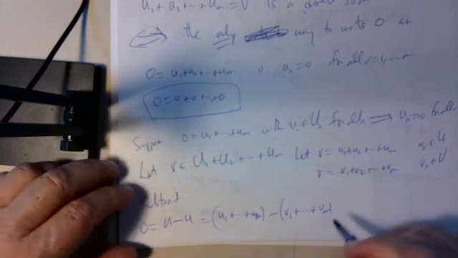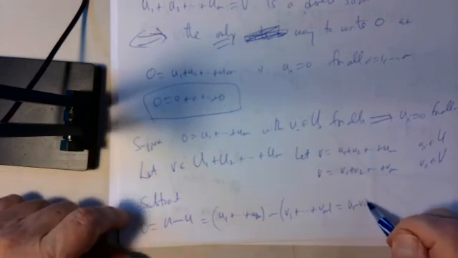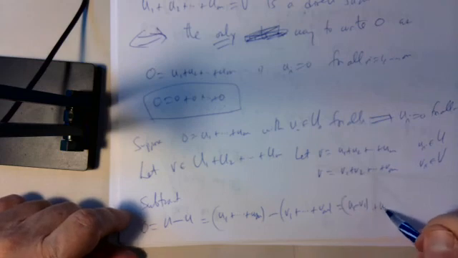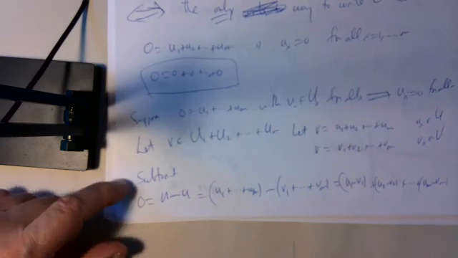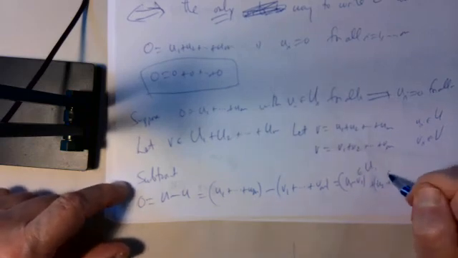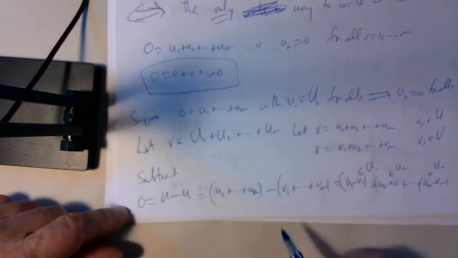When I subtract, I can rearrange this: (u1 - v1) + (u2 - v2) + ... + (um - vm). And this is in U1, and this is in U2, and this is in Um, and so on. So this is a representation of 0.